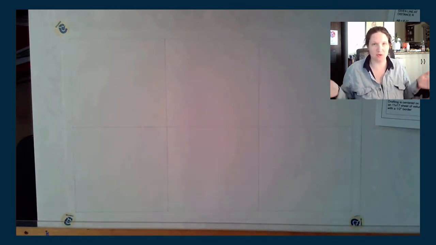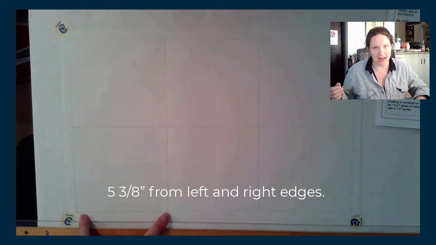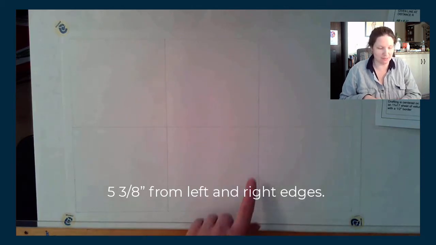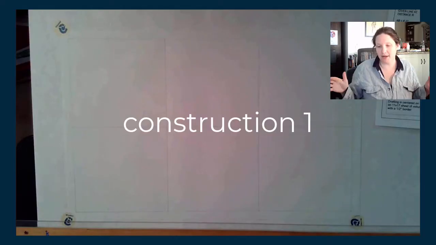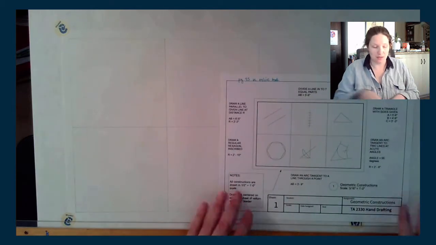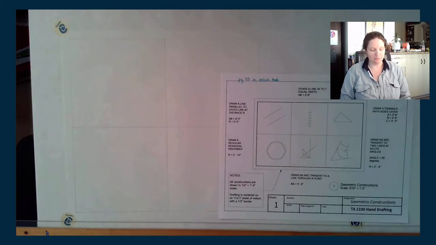In order to get these boxes to be as equal in size as possible, I measured 5 3/8 inches from each of these edges, which gets me pretty close to a 5 1/3 measurement for that center box as well.